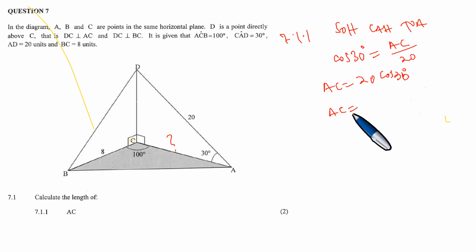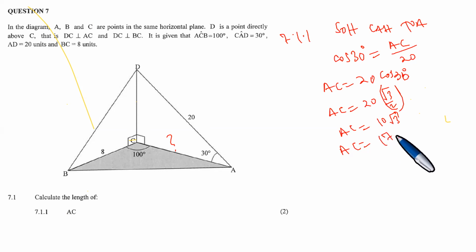So we divide this one by 2, which is 10 times the square root of 3. Okay, 10 times the square root of 3, what is that using a calculator? It is 17.32 units.